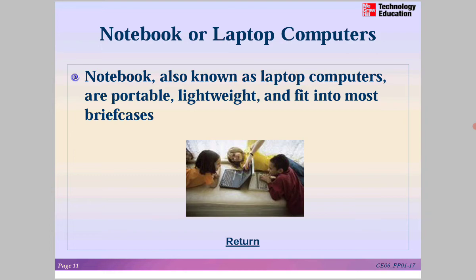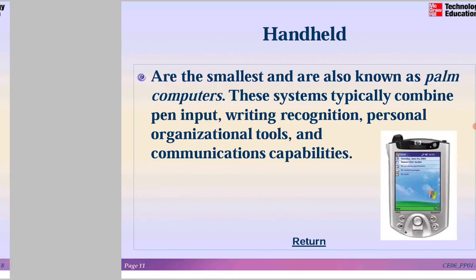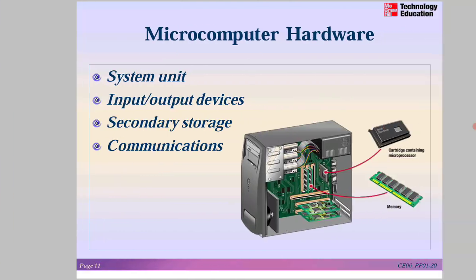Portable means compact, lightweight, and small in size, and they fit into most briefcases. Another type of microcomputer is the tablet PC. It is also one type of notebook. It generally accepts handwritten commands or instructions, like tabs or tablets. Handheld devices are also a type of microcomputer.